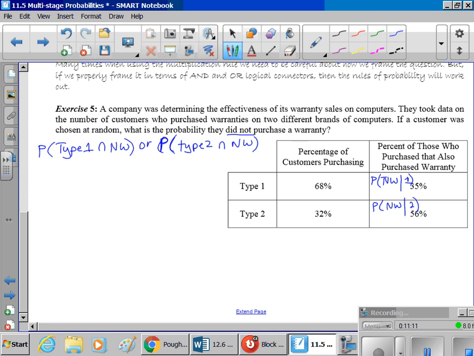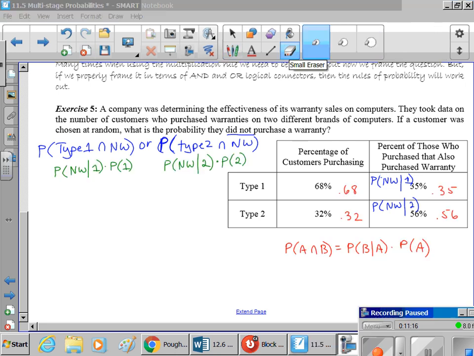So this is where that formula up at the top I was talking about is coming from. Okay, so I put a little reminder down here of what we talked about at the beginning of class, that the probability of A and B is the probability of B given A times the probability of A.